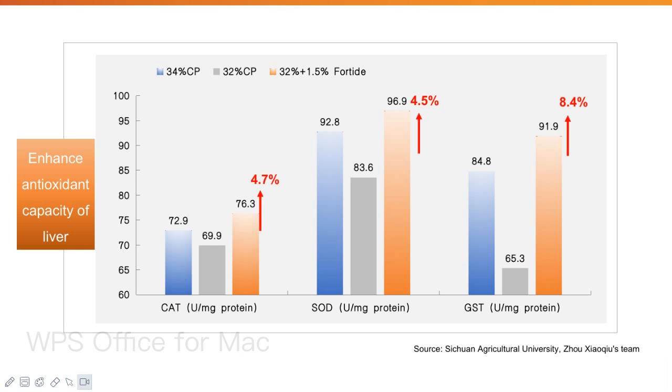From the results of the study, we can see that in the 32% CP plus 1.5% Fortide group, the content of the oxidation product of lipid, MDA, and the content of the oxidation product of protein, carbonyl, decreased significantly. Compared with the 34% CP positive control group, they decreased by 17% and 9% respectively.